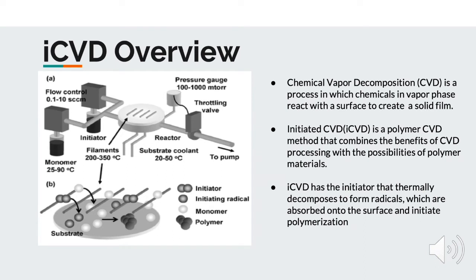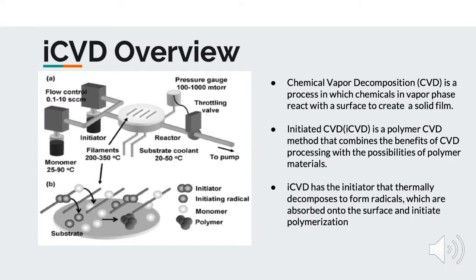Initiated chemical vapor deposition is a polymer chemical vapor deposition method that combines the benefits of CVD processing with the possibilities of polymer materials. Chemical vapor deposition is a process in which chemicals in vapor phase react with the surface to create a solid film.